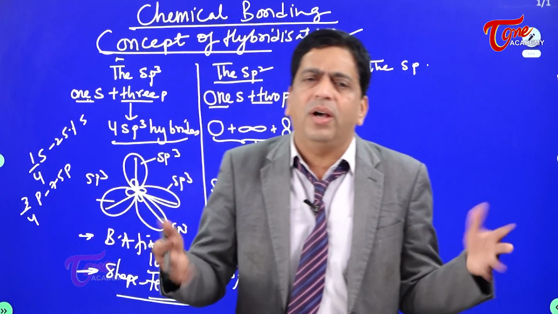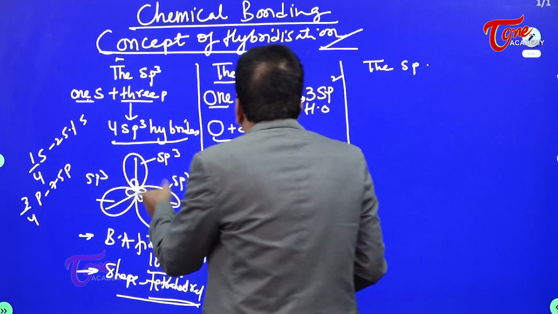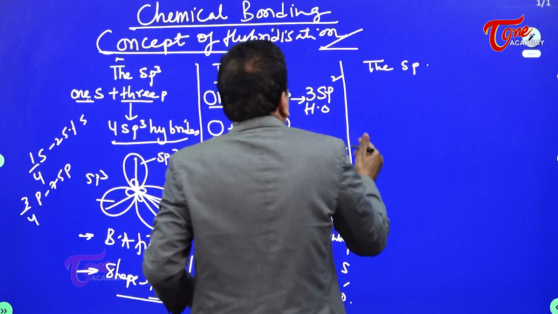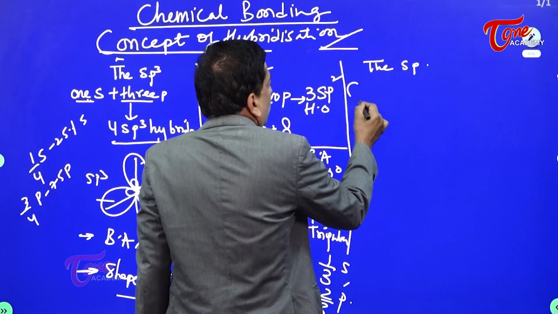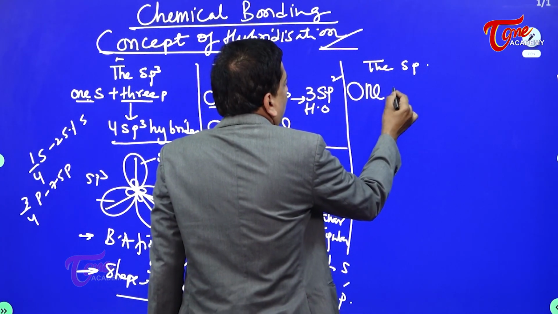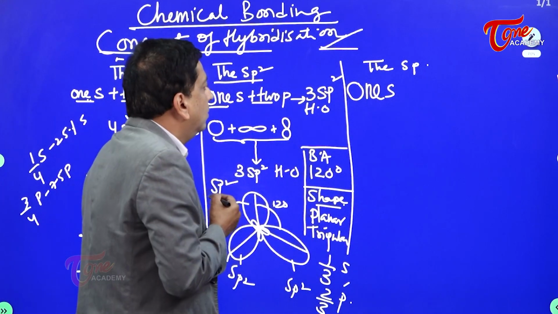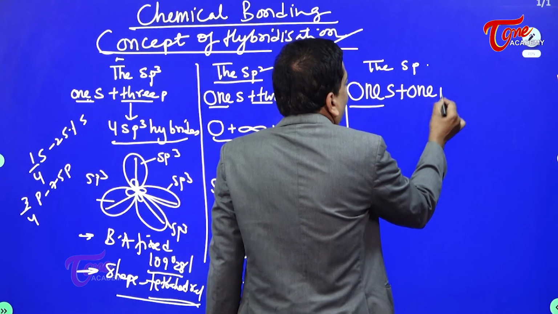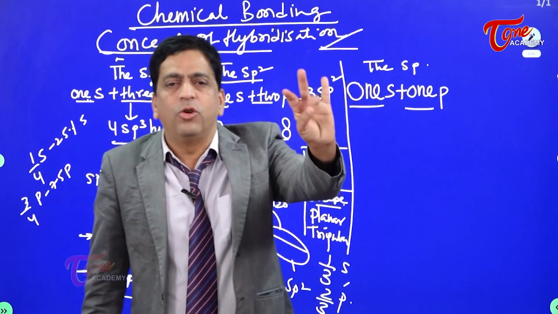And for getting ready, you have several combinations. It can be 1s and 3p's, 1s and 2p's. This way. Right? And then coming to the last one, that is 1s and 1p. It's like one Cadbury, one Nutrin.